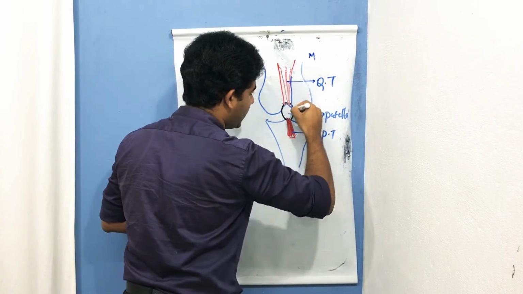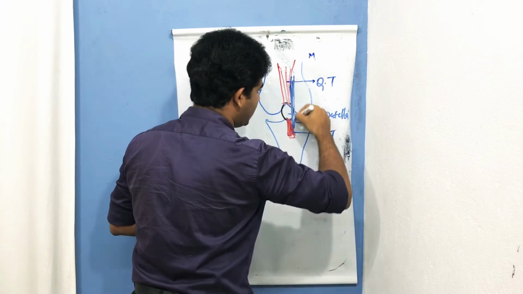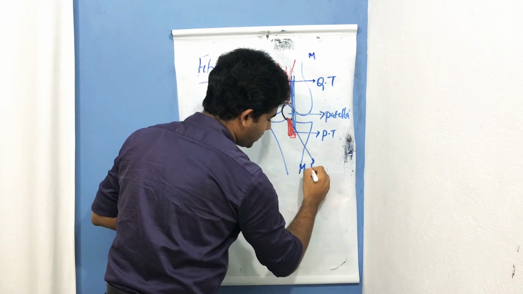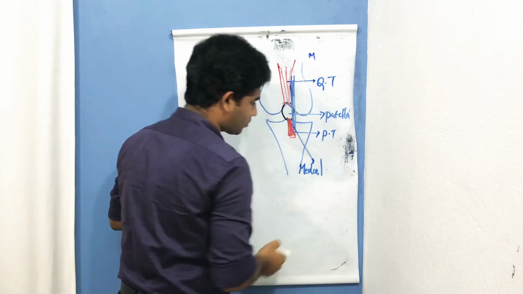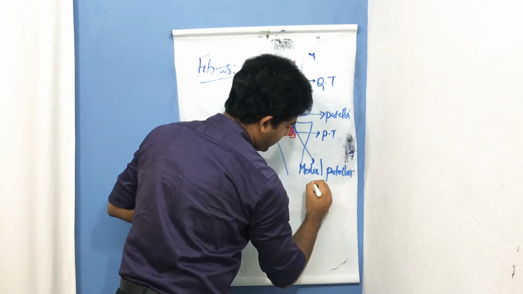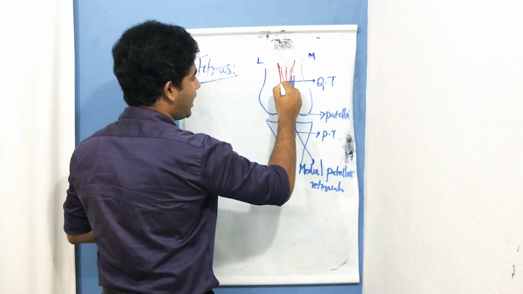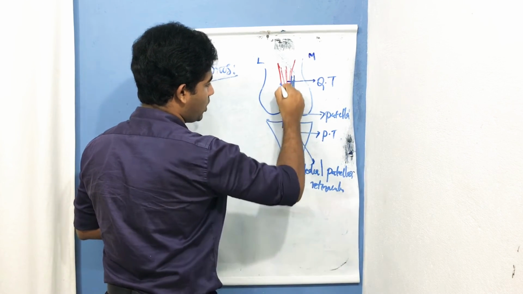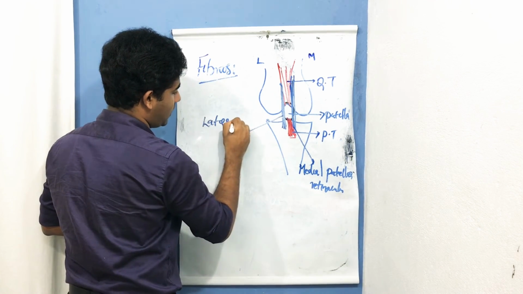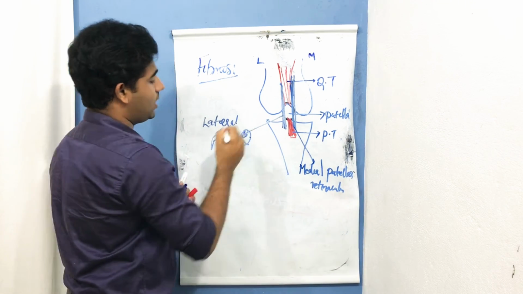Here you have a thickening of the extensor retinaculum at the anterior border, known as the medial patellar retinaculum. And here you have an additional thickening known as the lateral patellar retinaculum.